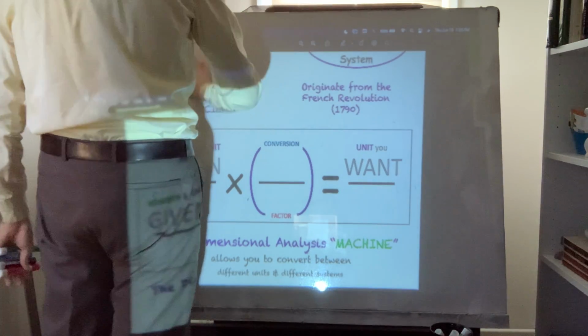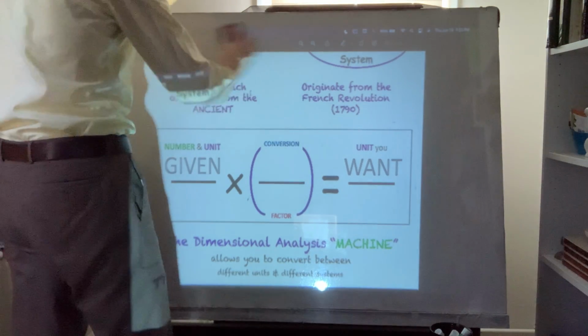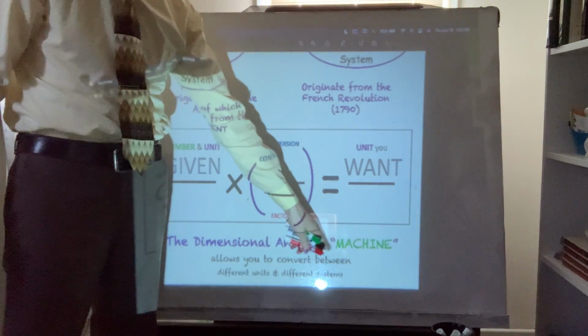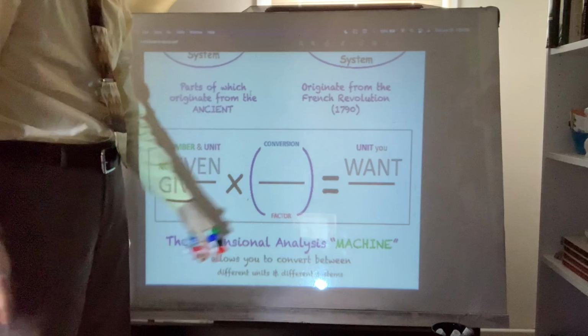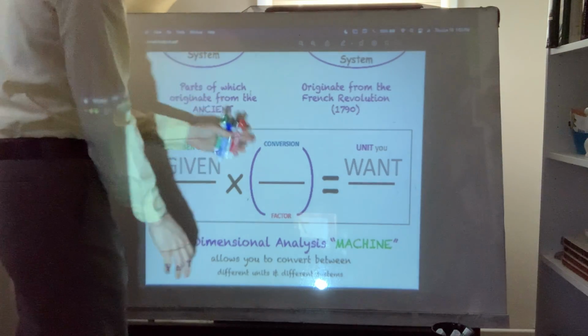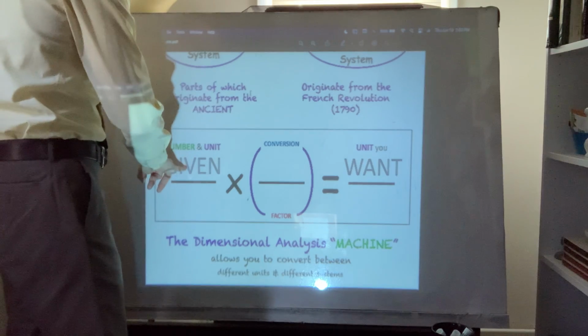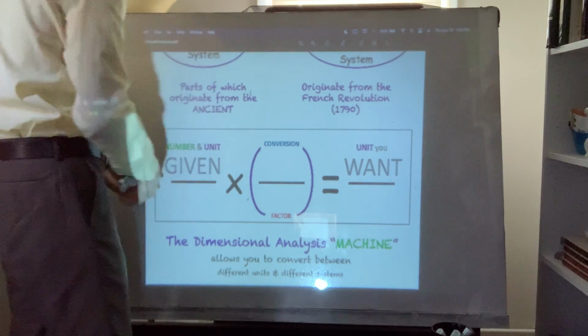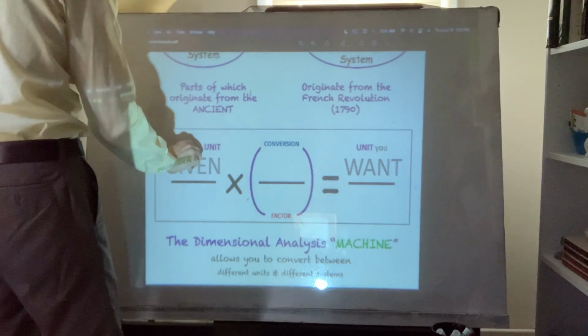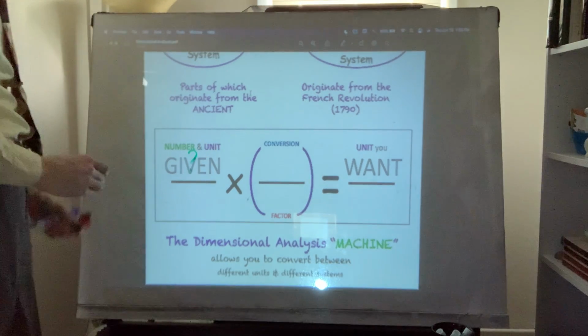Just to be cute, I suppose. All right. Let us call it the dimensional analysis machine. It's an equation, but it's an equation model that you fit the appropriate information in here, here, and here. So whatever you are given and whatever unit you are given, you would write it on the far left.